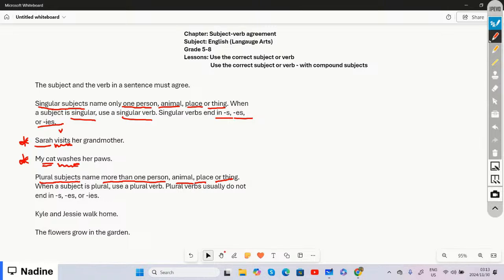And when the subject is plural, because it refers to more than one person, animal, place, or thing, we need to use a plural verb.